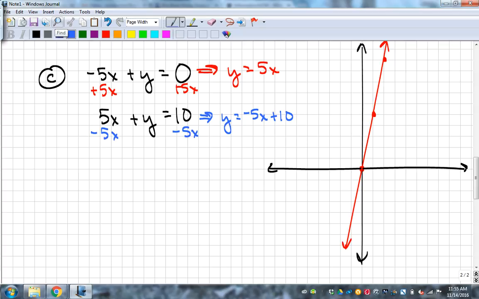What's the y-intercept for the blue one? 10. 1, 2, 3, 4, 5, 6, 7, 8, 9, 10. Slope. So I'll go down 5 over 1. Hey, it's right in a nice little spot where they're crossing.